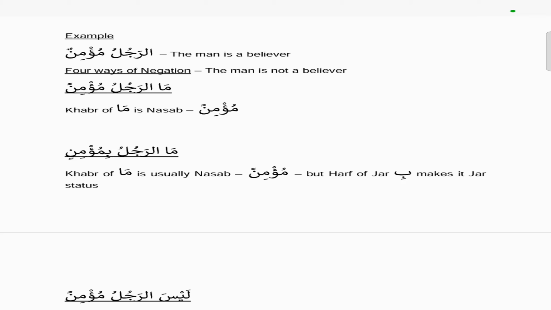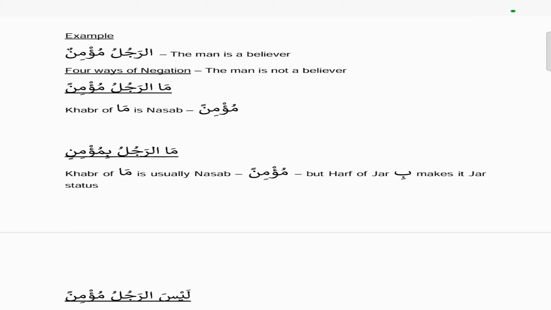And the other way of using ma for negation, when we want to emphasize the negation, is we can say ma ar-rajulu bi mu'minin. So the khabar of ma is usually nasab, because it's a sister of kana, but the harf of jar bi makes it into the jar status. That's why mu'minun, which was the original, has become mu'minin because of the bi.